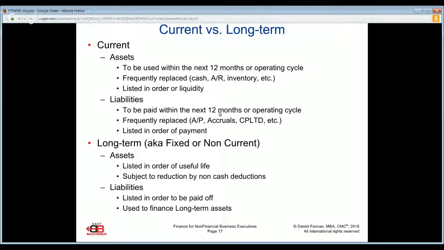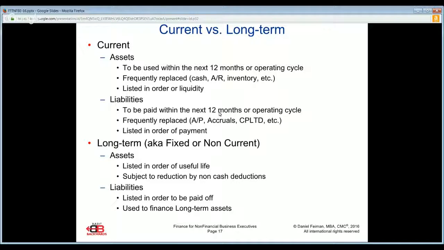The final point here is something we mentioned earlier, but it is critical. The current assets must be listed in the order of liquidity, how quickly they're going to be turned into cash.